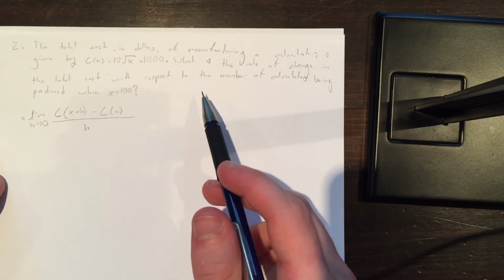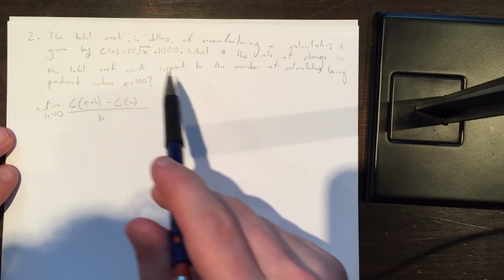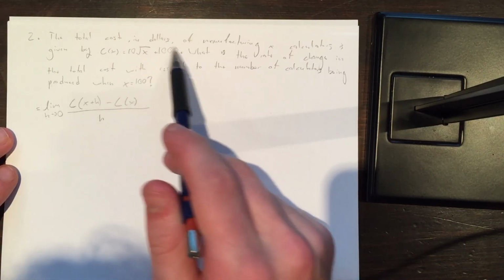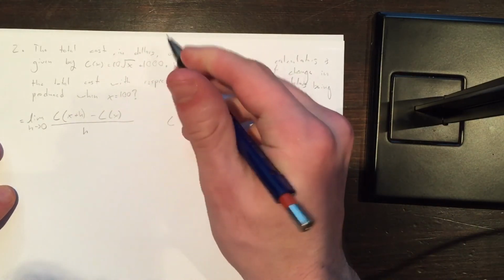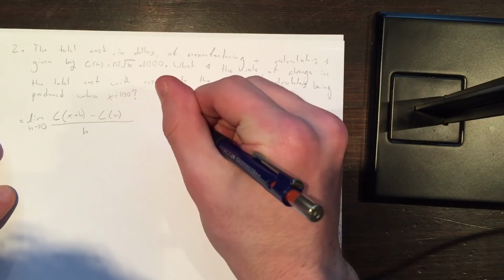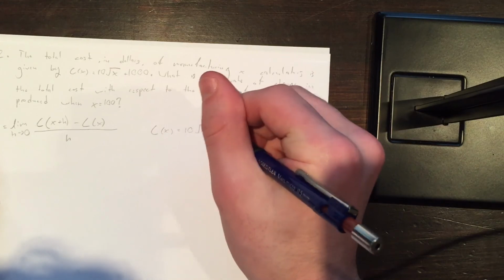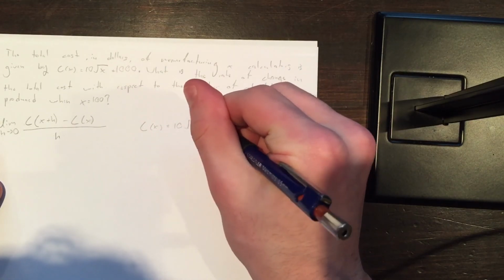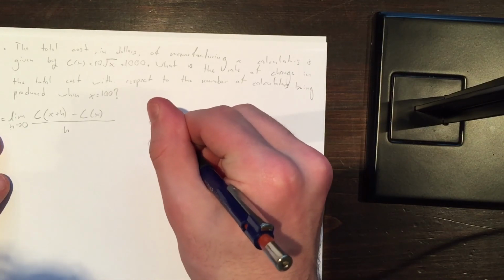Right, this time actually I'm going to solve the original equation at 100 first. So that is c of x equals 10 root x plus 1,000, and we're going to plug 100 in there.